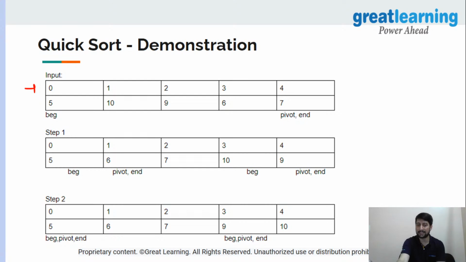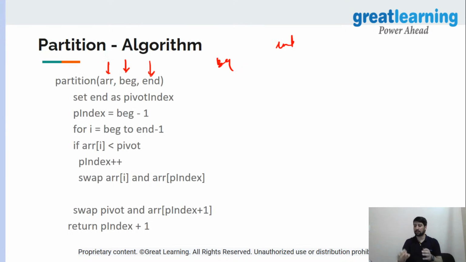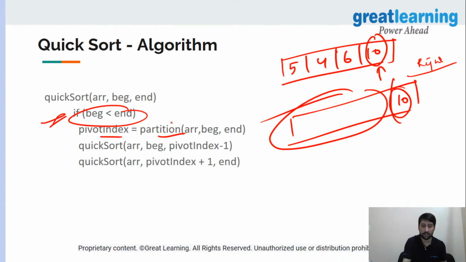You will always partition your array in such a way that you're not exceeding or partitioning what has already been partitioned. This condition helps you do that, and you will see why this is very important.